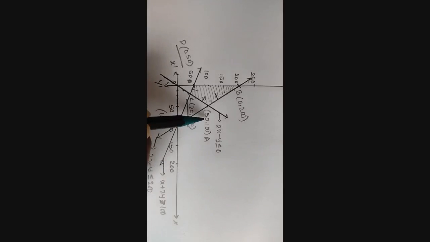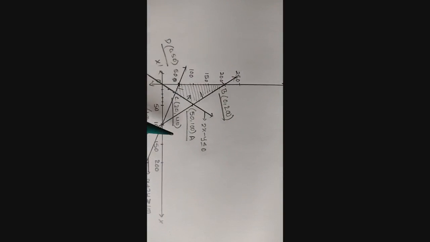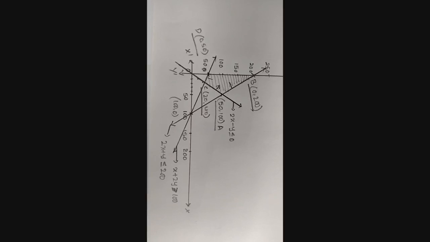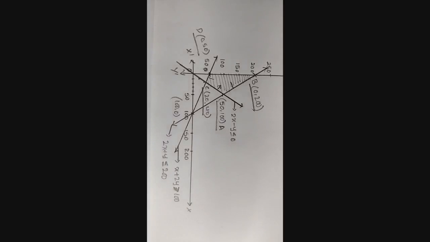These are the points. Clear? Next, by using these points, we have to check whether the given problem gives a maximum or a minimum. Clear? If you write down the graph, okay.